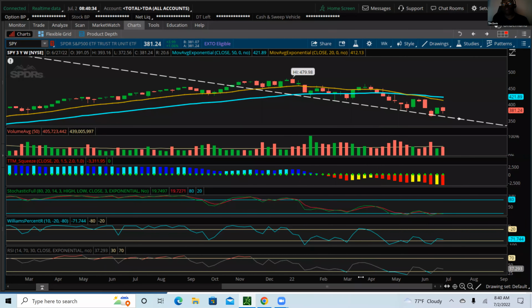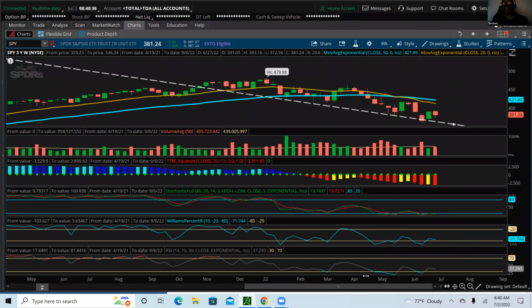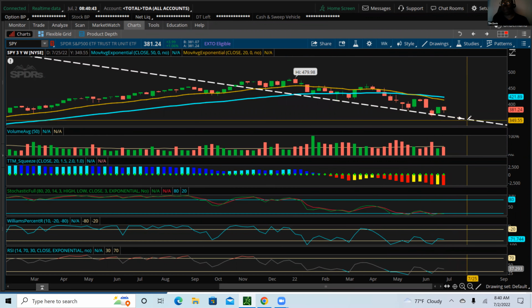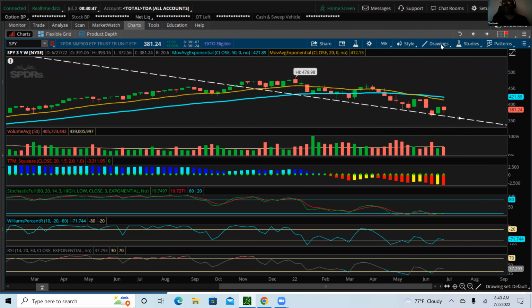More than likely, every time we get down to the bottom of that trend line, we could see a bounce back up to the moving averages, then back down. Back up to the moving averages, then back down. It looks just like a zigzag motion.